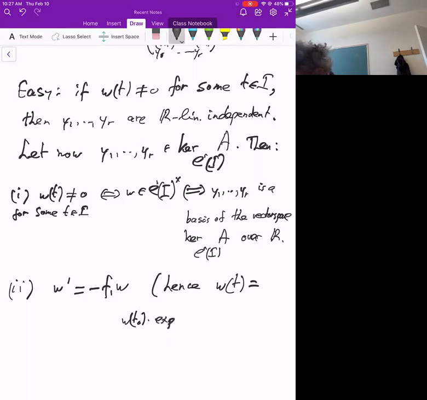Well, that holds for any function that satisfies a differential equation like that, on all of I.